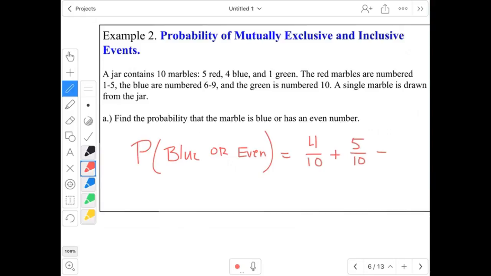Now minus the chance that we have a blue even marble. So blue are numbered 6 through 9, so we'd have a blue 6 and a blue 8. So that would be minus 2 tenths at the end for the probability of both blue and even happening. So this would be 9 tenths minus 2 tenths. We would get 7 tenths.